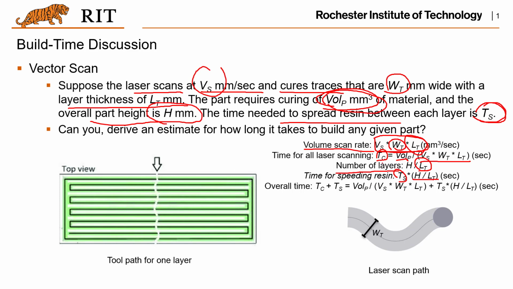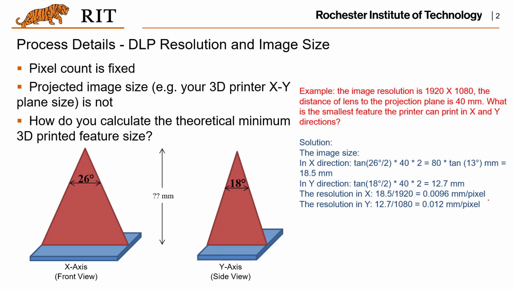After we have the time for laser scanning and also the time for spreading resin, we will have the overall printing time. That's how you compute the overall printing time for laser scanning based stereolithography.